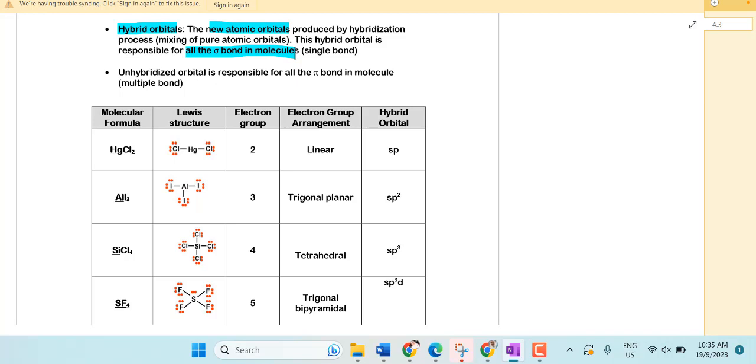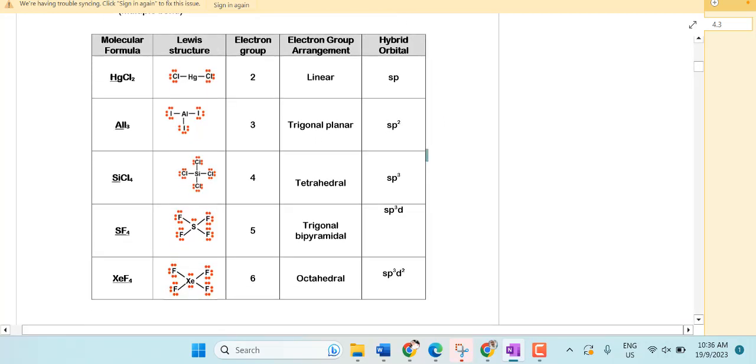In chapter 2.2, you learned about the s orbital, p orbitals px, py, pz, and d orbitals. There are 5 d orbitals: xy, xz, yz, x squared minus y squared, and z squared. These atomic orbitals will mix together to form new orbitals known as hybrid orbitals.